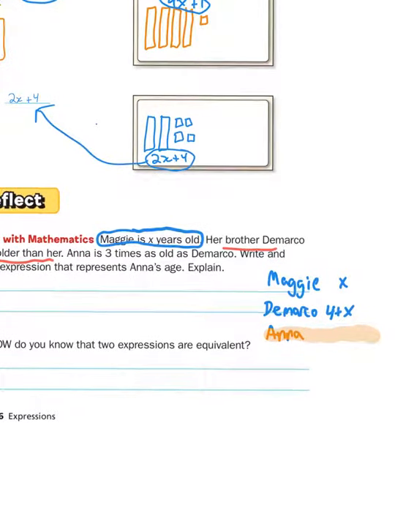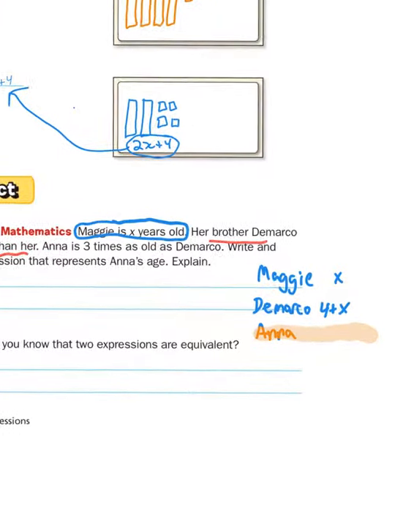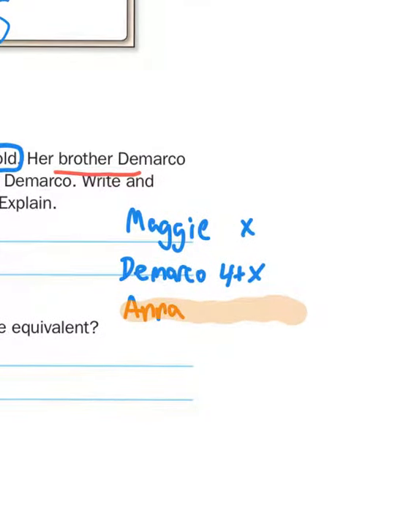And then it says Anna is 3 times as old as DeMarco. So what we're going to do is take DeMarco's age. Remember, DeMarco is 4 plus X. And Anna is 3 times as old as that. So we put it in parentheses and multiply it by 3. Does that make sense if she's 3 times as old as DeMarco?